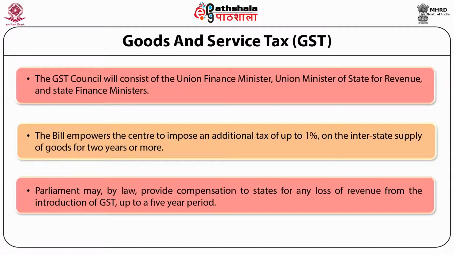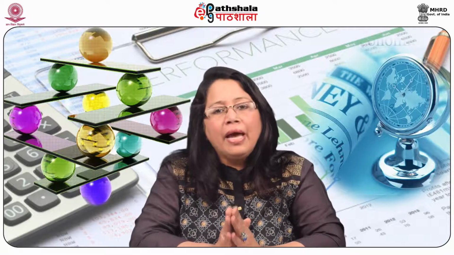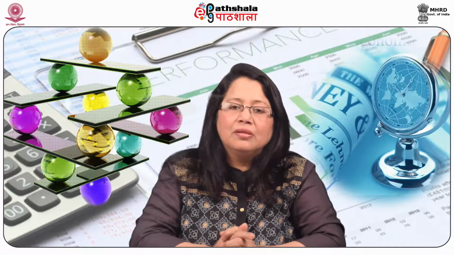So students, let's now summarize what we have learned in this module. India has a federal structure of government and the taxes of the center as well as states are clearly specified in the Constitution. 7th schedule of Constitution classifies all taxes into 3 lists.